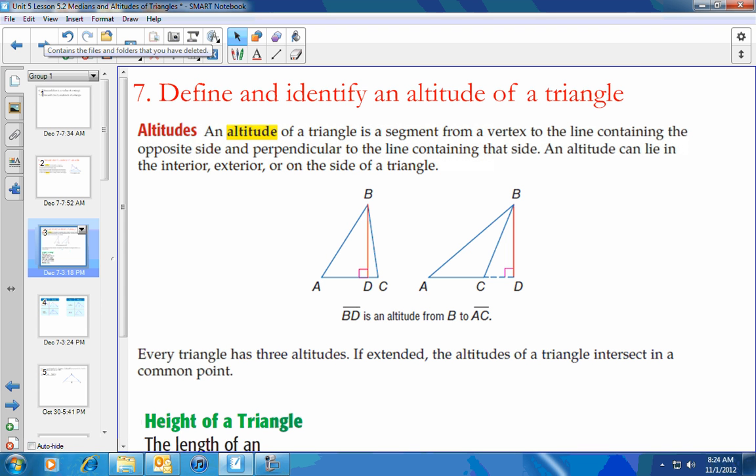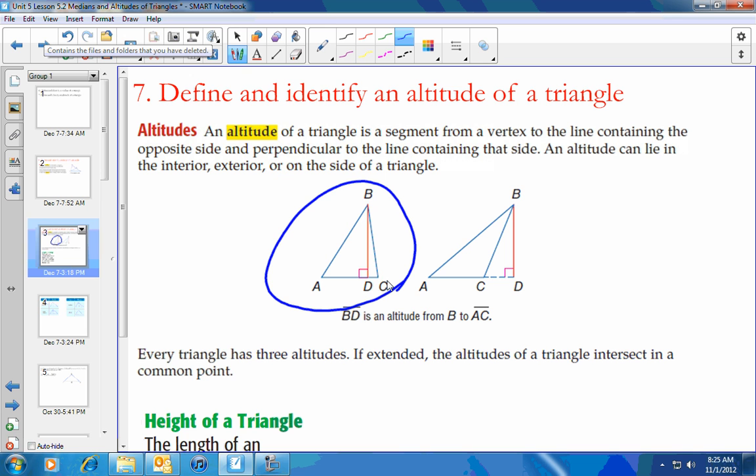Remember when we were finding the distance from a point to a line in a figure, and sometimes we'd have to extend a side so that it could actually be perpendicular? Same thing's going on here. If we look at this figure, that red segment is an altitude because it starts at a vertex, or at least one end is at a vertex. The other end is on the opposite side, and it's perpendicular to that opposite side.